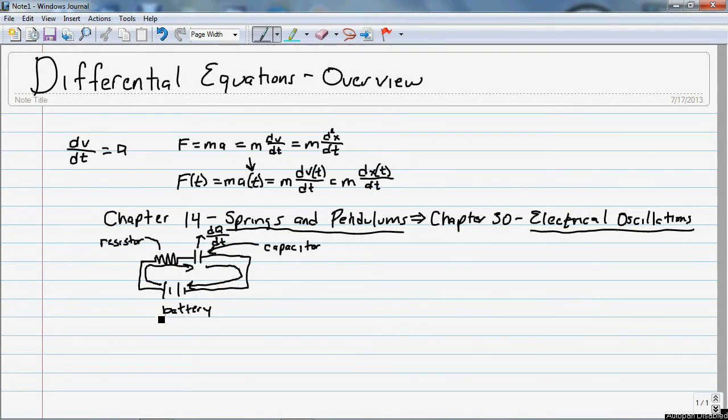So there's a lot of differential equations that we're going to be dealing with this semester. And really, there's no way to understand it unless we get into a deep discussion of differential equations. But here's the point I want to make. These differential equations are very specific.